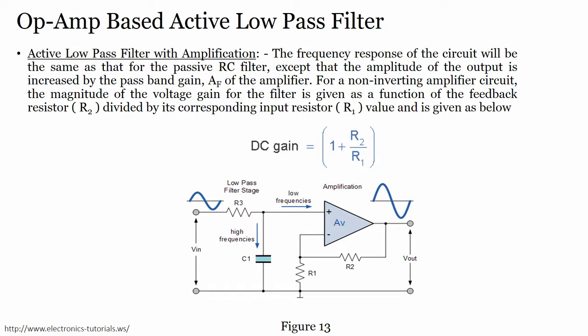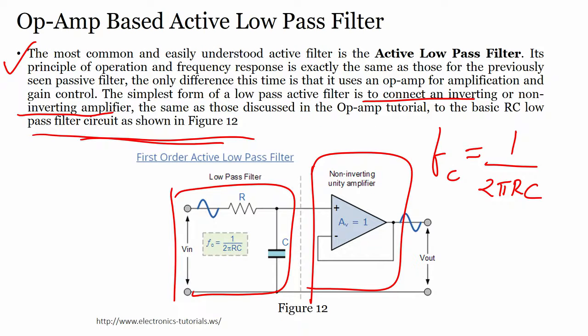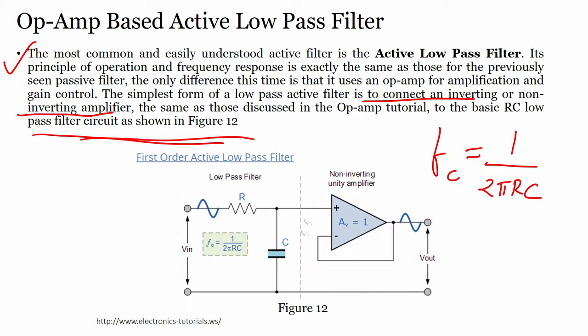Now, let us understand how the op amp based active low pass filter works. Last time we had no amplification, because with a unity gain amplifier you cannot do any amplification.